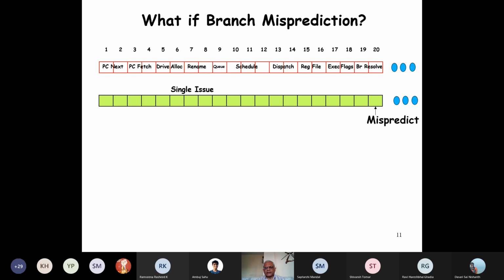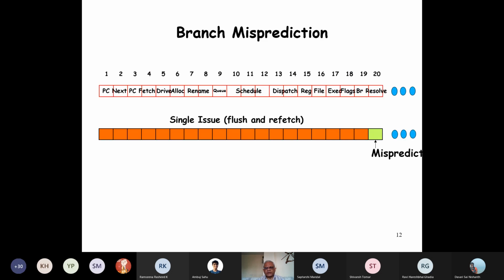We replicate the pipeline, and then there will be many more instructions to be flushed. If we have a misprediction, we know at the end of the branch resolve stage, then all these instructions which have started executing for a number of pipeline cycles will have to be flushed out, and we refetch the correct instruction.